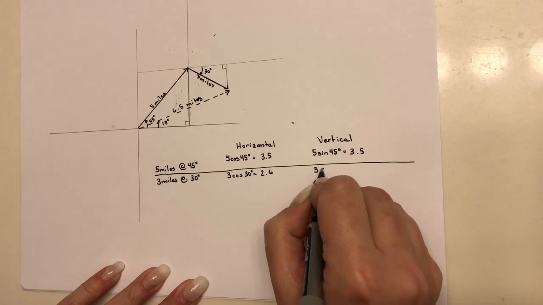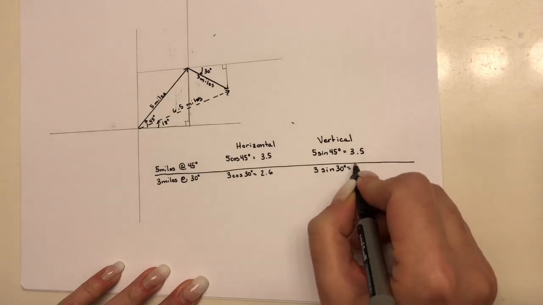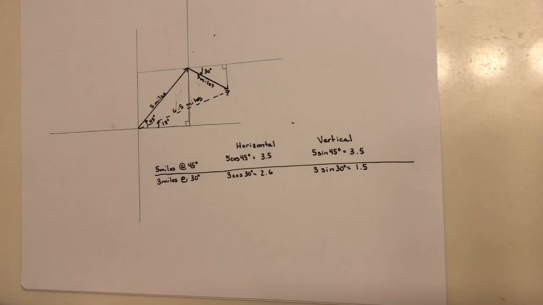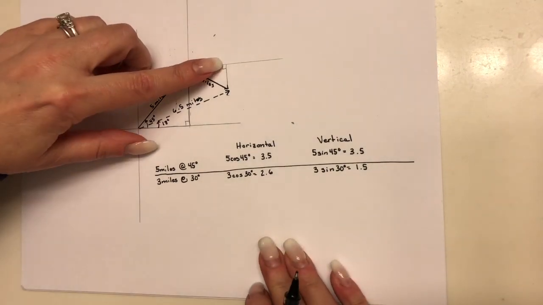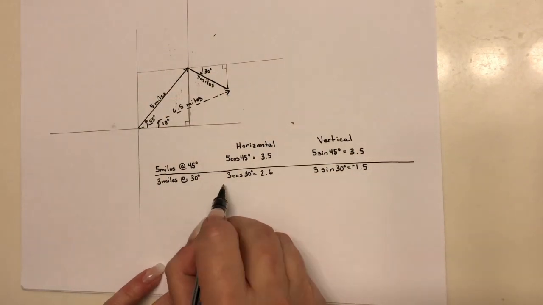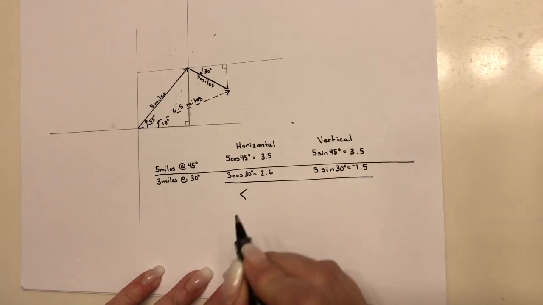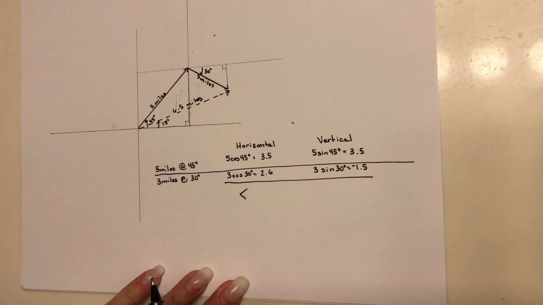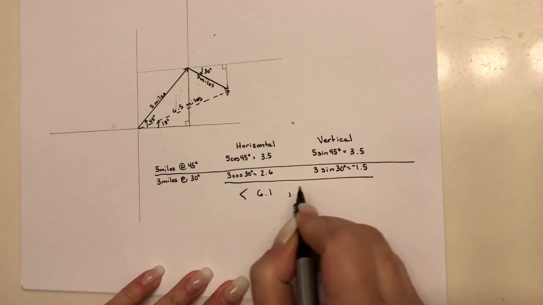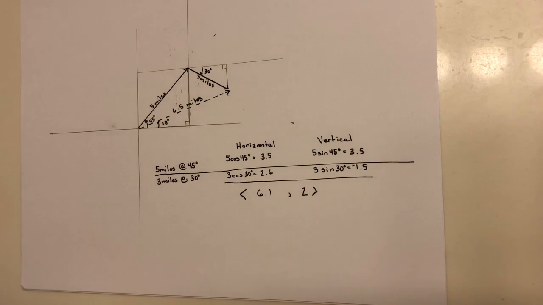Then I've got 3 sine 30 degrees, and that is going to come out to be 1.5. Now I do have to make a sign correction because this side of the triangle is below the axis, so I'm going to make that a negative. I'm going to add those up. And this will tell me that the total distance that Hedwig flew with the dotted line is going to be 6.1, comma 2 in component form or Harry's form.